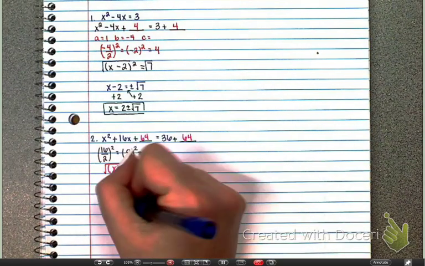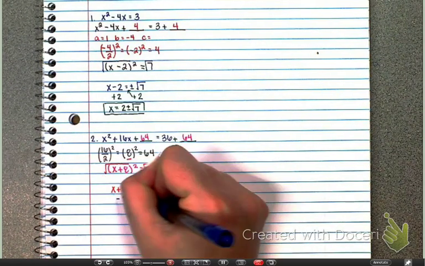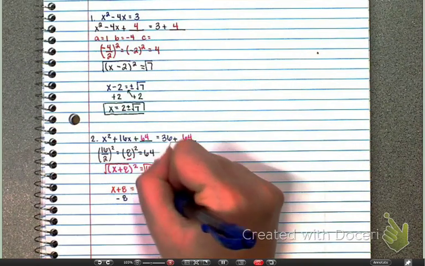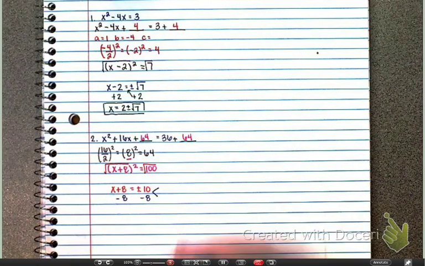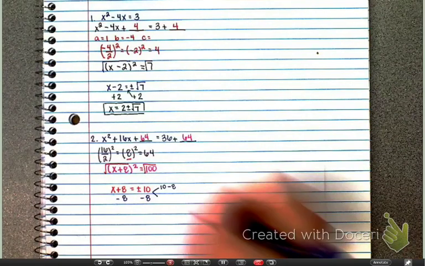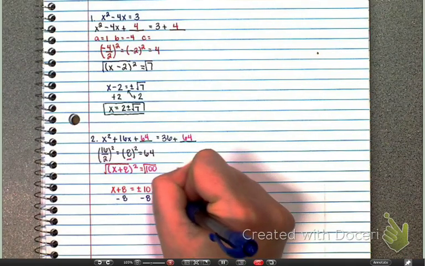I'm going to subtract 8 from both sides. Am I allowed to combine 10 and negative 8? Yes, because there's no radical. So I have two physical answers. I have the plus 10 minus 8, and I have the negative 10 minus 8.